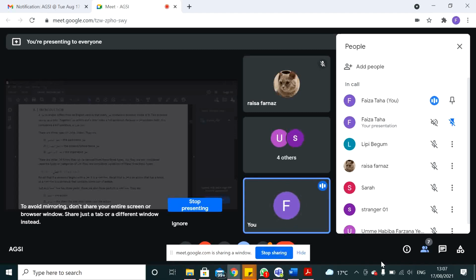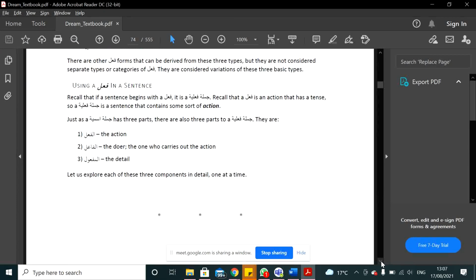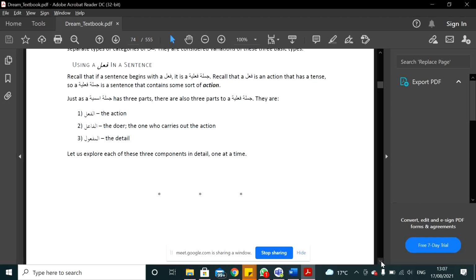Sister Sarah, can you please read from "Using a fi'l in a sentence"? Using a fi'l in a sentence. Recall that if a sentence begins with a fi'l, it is called jumla fi'liya.